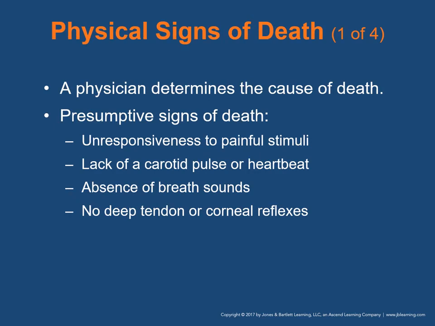Now, we discussed physicians determining the cause of death, but there are presumptive signs of death, and these include unresponsiveness to painful stimuli, lack of a carotid pulse or heartbeat, absence of breath sounds or chest rise and fall, and no deep tendon or corneal reflexes.